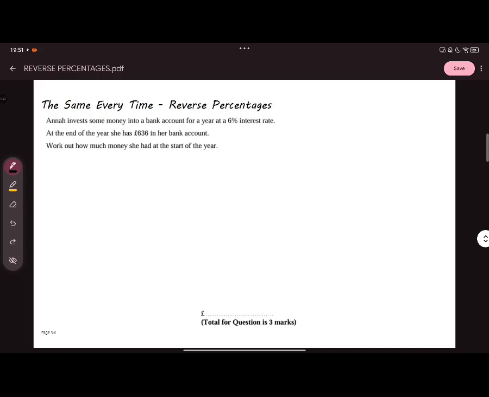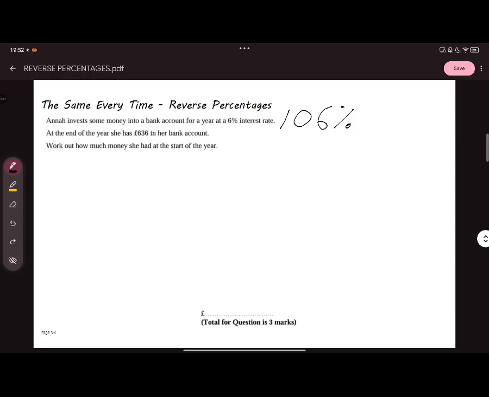So it's going to be an increase. So it's actually an increase by 6%. So if I increase by 6%, then what percentage do I have? Well, I'm starting off with everything, the whole amount, which is 100%. So if I increase by 6%, I am now working with 106%.